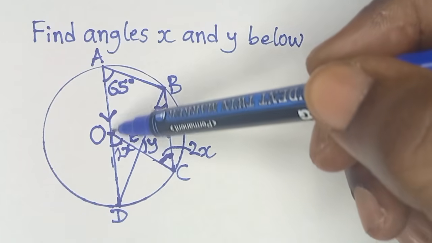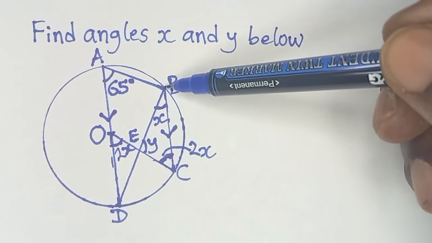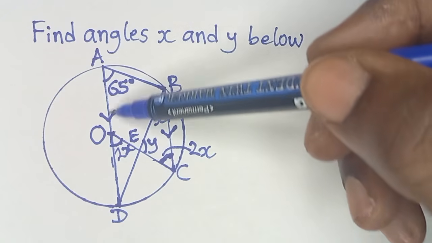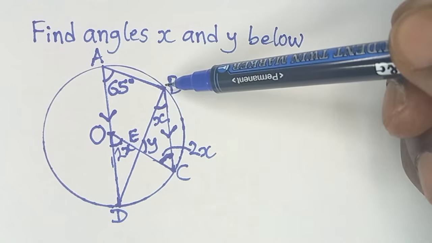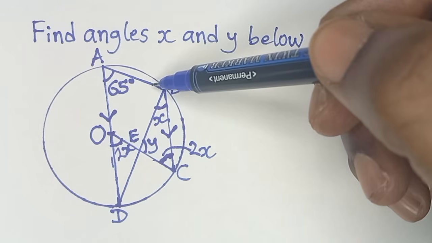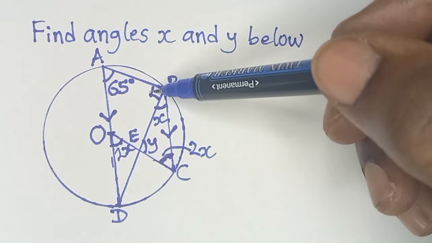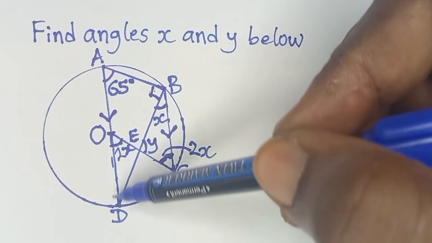So this is the triangle that the diameter line forms inside the circle. The angle opposite the diameter line, the angle facing the diameter line, is this angle here.